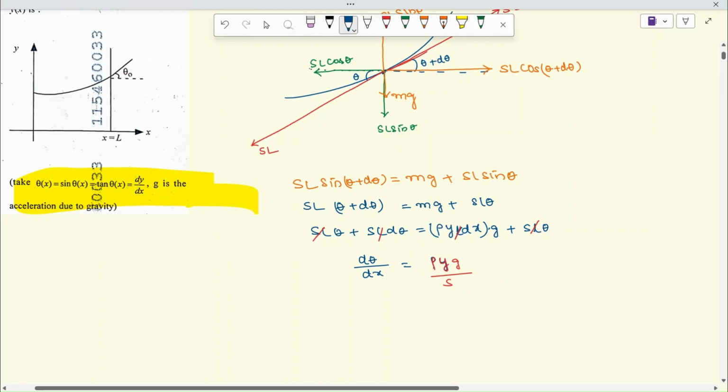And next thing, in the question they mentioned to take theta equal to dy by dx. So what can you say? d theta by dx is equal to the double differentiation of y, so d square y by dx square. So it becomes d square y by dx square is equal to rho y g by S. So that's our equation.